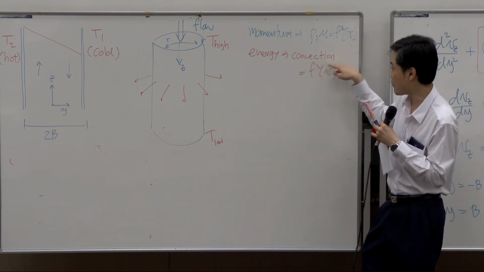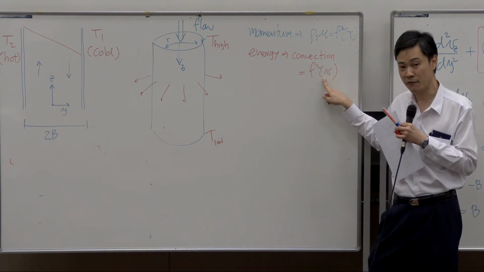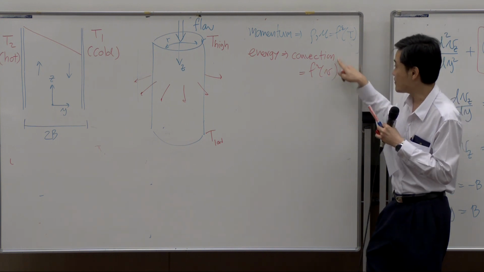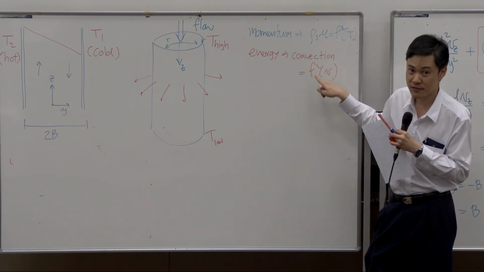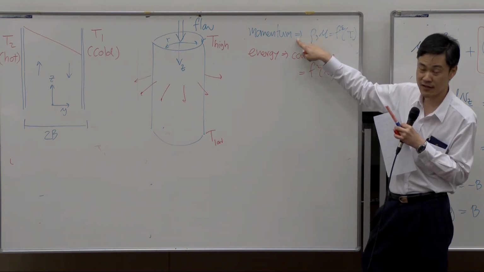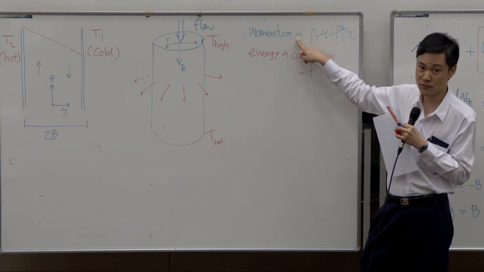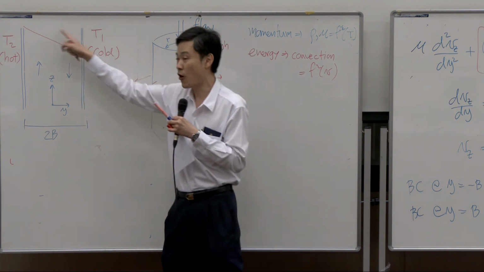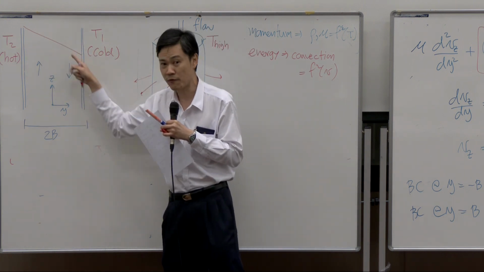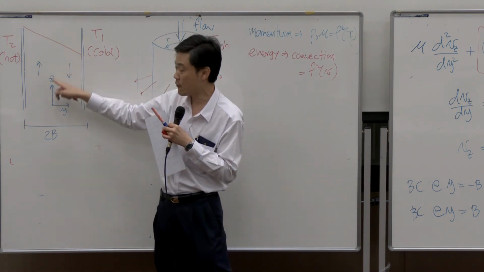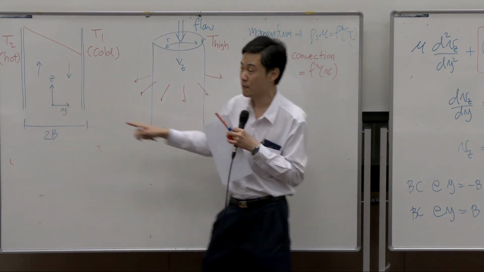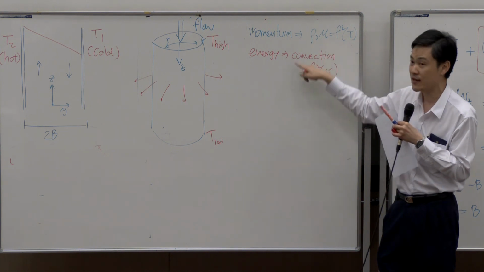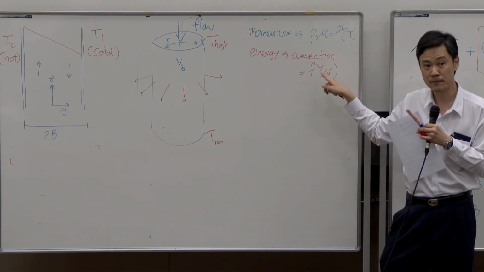In order to calculate this term, we need velocity. So we cannot ignore convection to calculate velocity, just like the previous example. In that part, we ignored convection to get temperature profile first and plugged temperature profile in to find velocity profile. We cannot do that in this example because convection is really important in this problem.